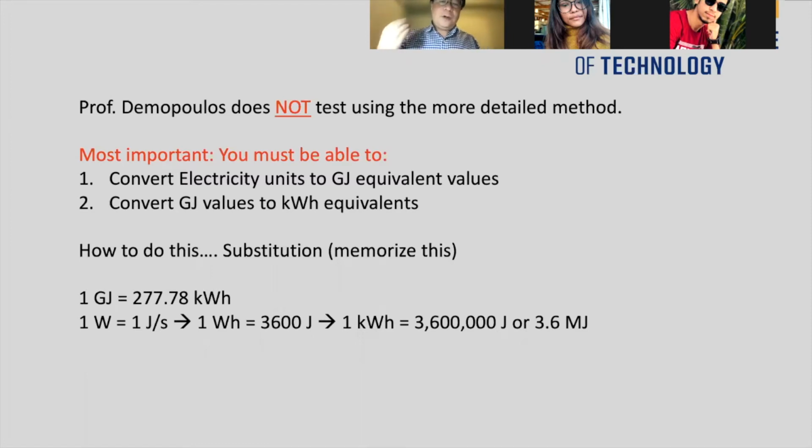But most importantly, you need to know one conversion: 1 gigajoule is how many kilowatt hours. That is very important. Even when you study another subject, you also need to understand and remember this conversion. Okay?